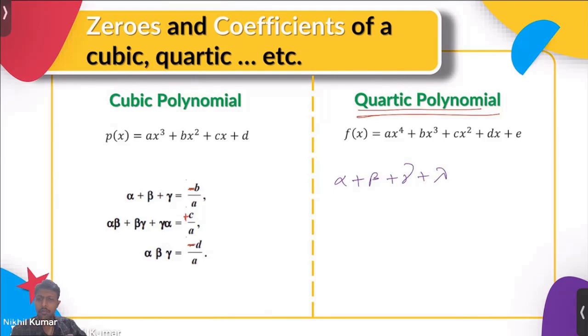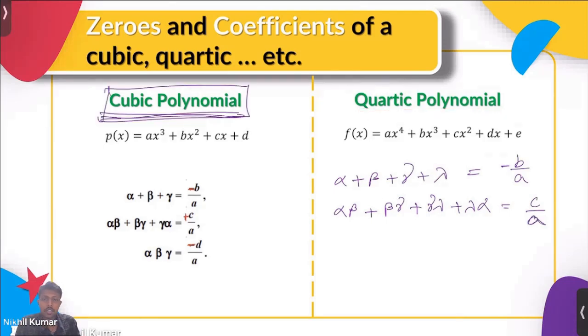The sum would be minus b by a, no questions asked, always. Now we're going to take roots 2 at a time. We have alpha beta plus beta gamma plus gamma lambda plus lambda alpha. This would be c upon a, taken 2 at a time.